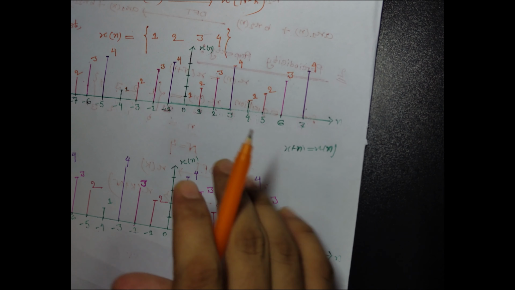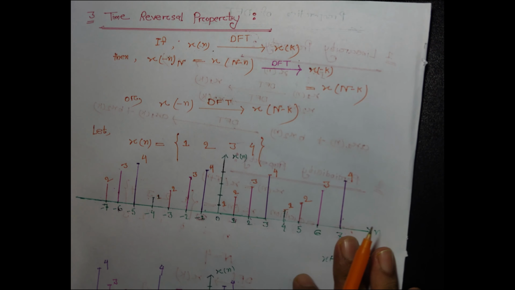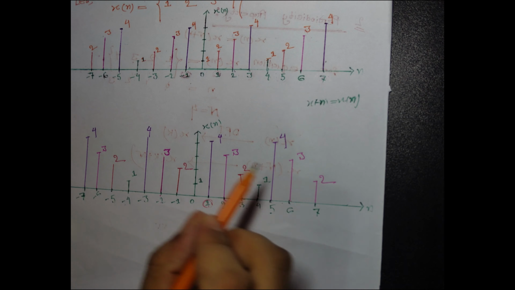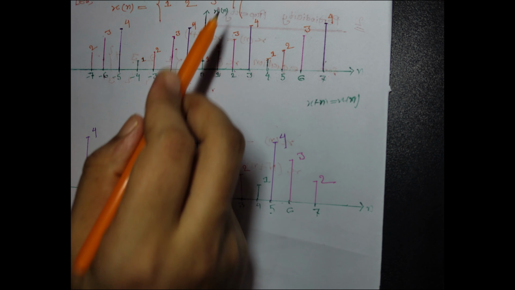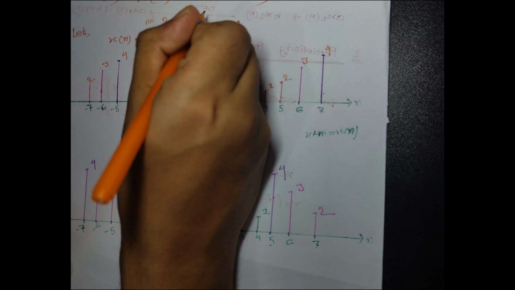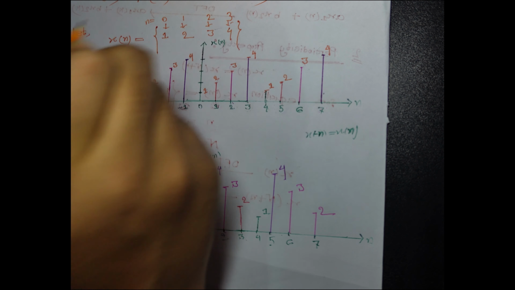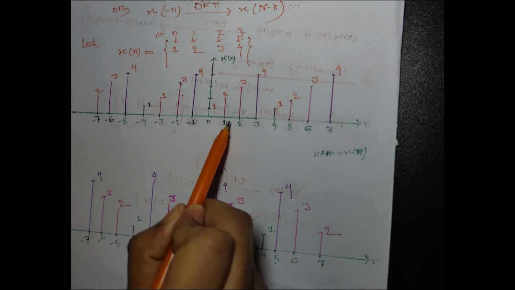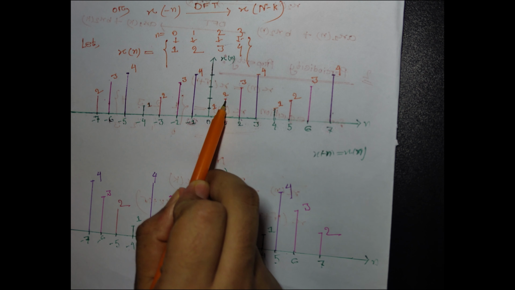Here is the time reversal property. If x of n equals 1, 2, 3, 4 at positions n equals 0, 1, 2, 3, the values are 1, 2, 3, 4.